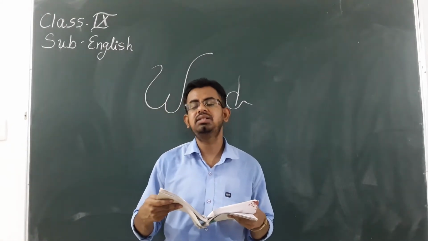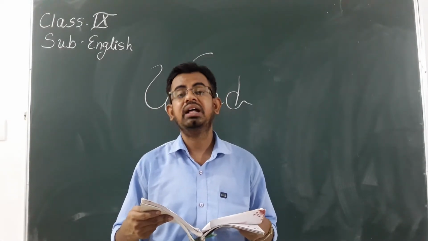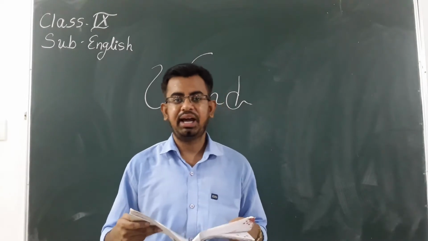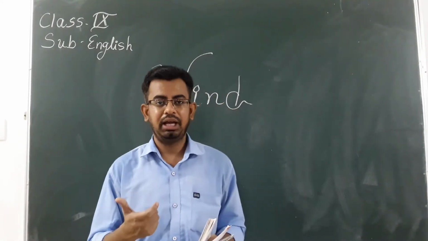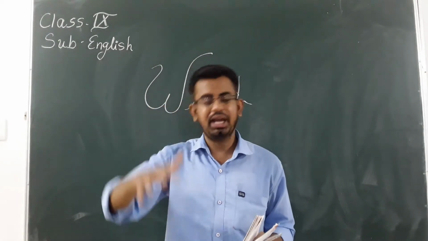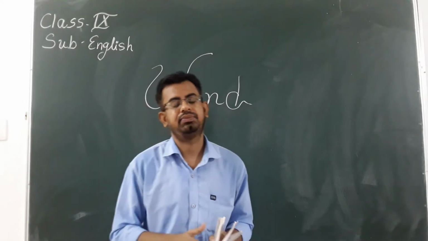In these lines, you can see that the poet has used the word crumbling many times. So first, we will discuss the meaning of crumbling. Crumbling means shaking, moving, means थोड़ा सा shake करना, move करना.